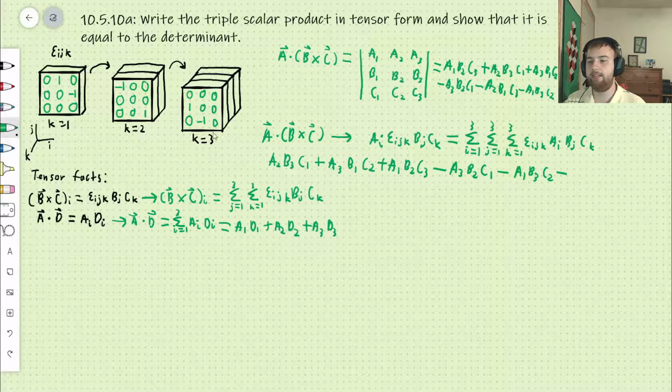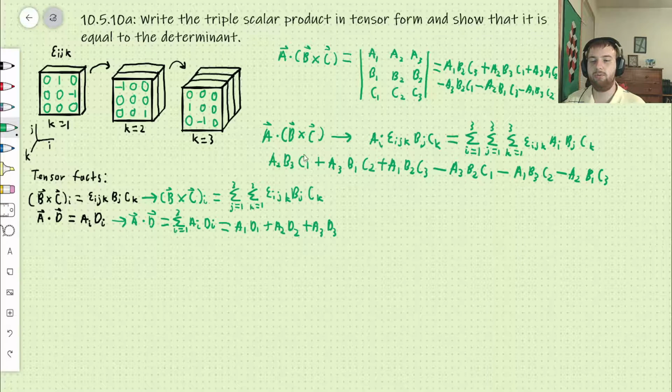And then our last one is going to be 2, 1, 3.